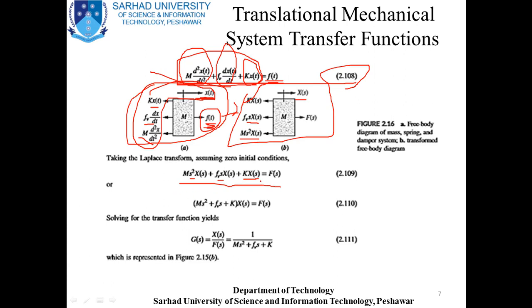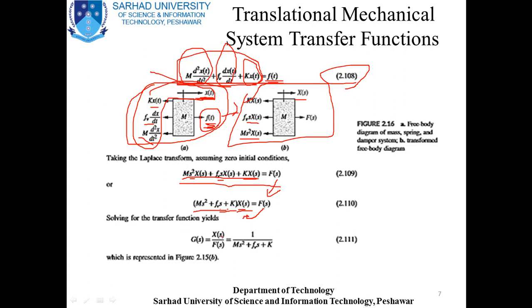So now you take X of s common from these terms. Inside there will be m s square plus f v s plus k, multiplied with X of s, and this F of s will come right away over here. Now you solve for X of s divided by F of s.